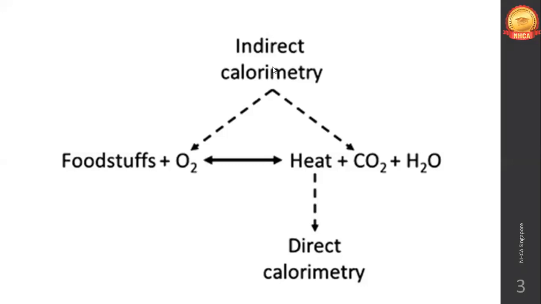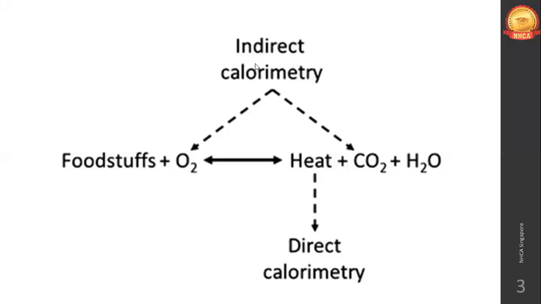Okay, so indirect calorimetry, what you do is you check the amount of foodstuff, whatever food is rich in carbohydrate, protein, lipid. When oxidation takes place for that food, that is burning, when these macronutrients are burnt in your body, metabolized in your body, it will give you heat, carbon dioxide, and water.